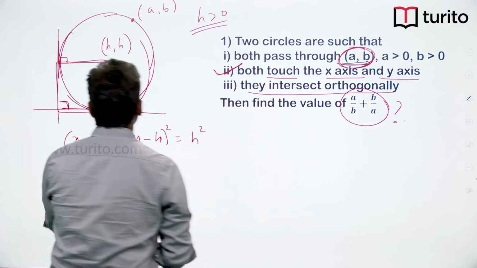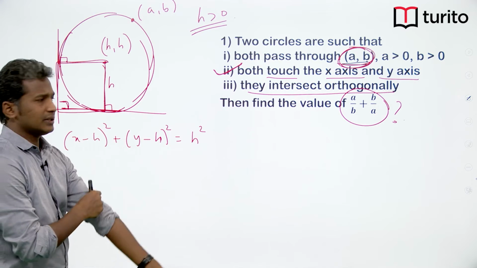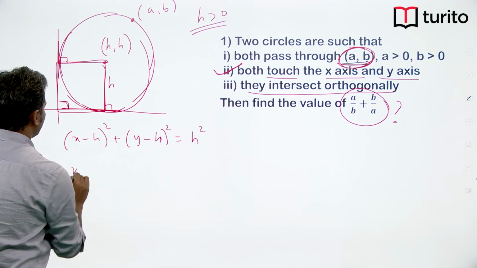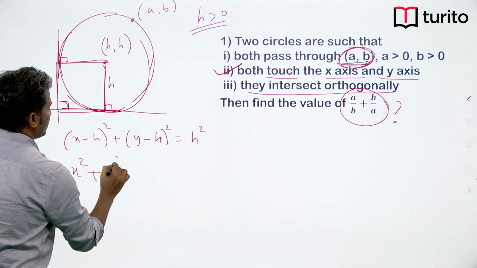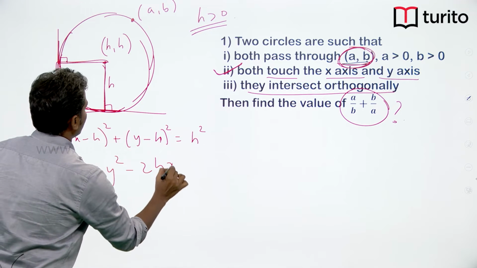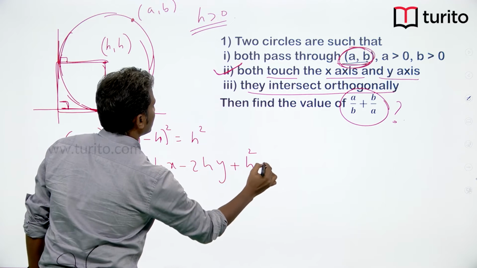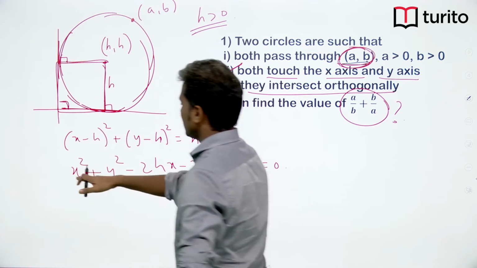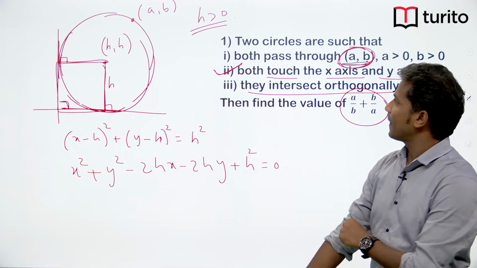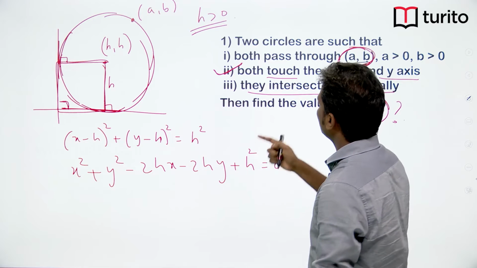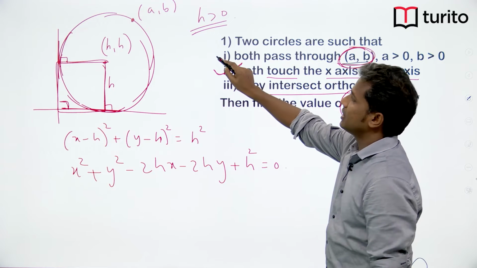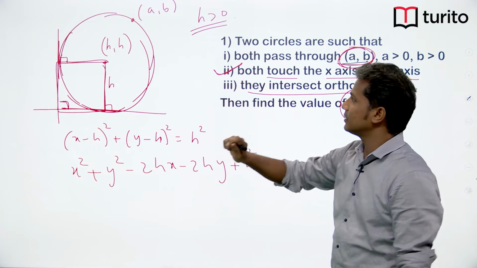So, here now if I simplify, I will get equation of the circle. So, when I simplify, I got this equation of the circle. Now, after this, I have to make sure that first data is also presented here.